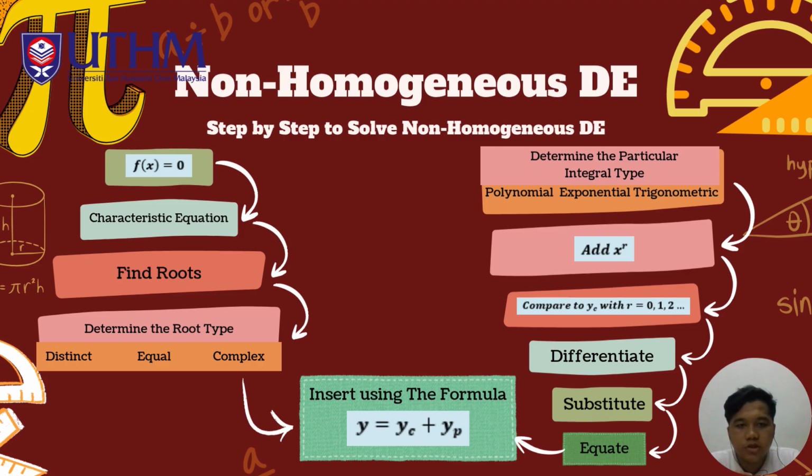Next, we differentiate it, substitute, and equate. After that, we get yc and yp. We use the formula and combine yc plus yp that we obtained to get y.